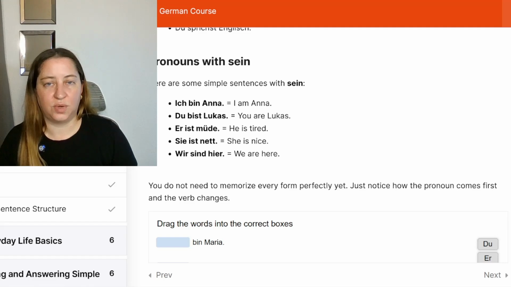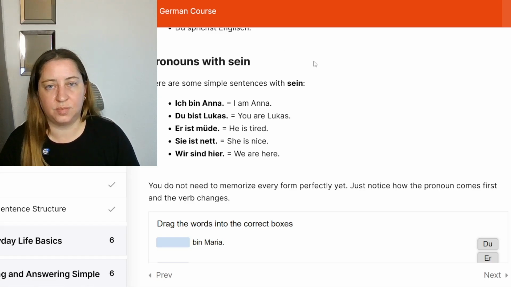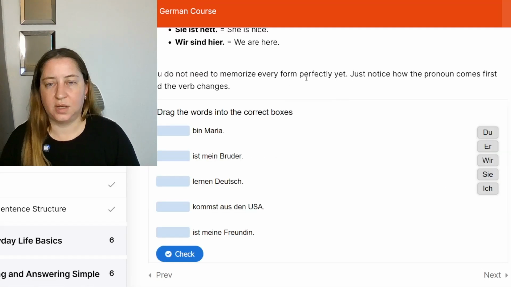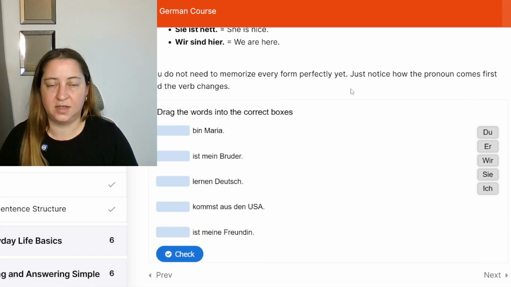You can always reference that sheet if you forget a form of sein. There are very clear tables on there for each verb that you can download for free, open, print out, and use however you please. And you don't have to memorize every form perfectly yet, but as you progress, you'll become more familiar with them.